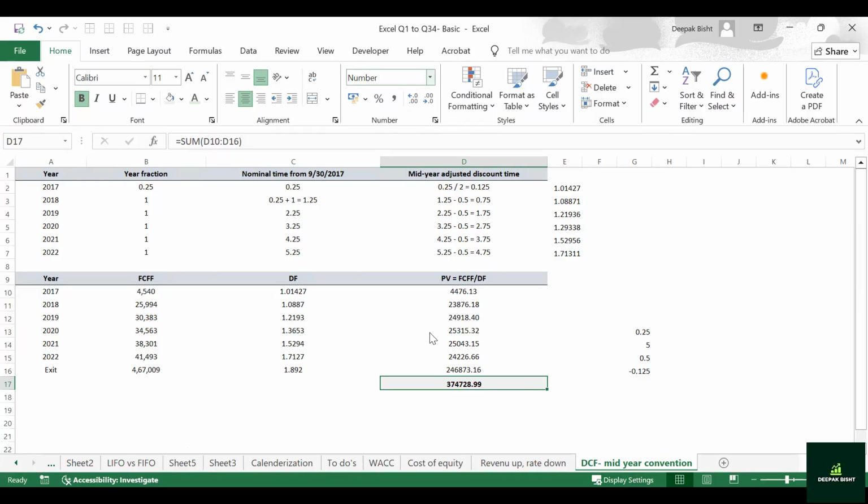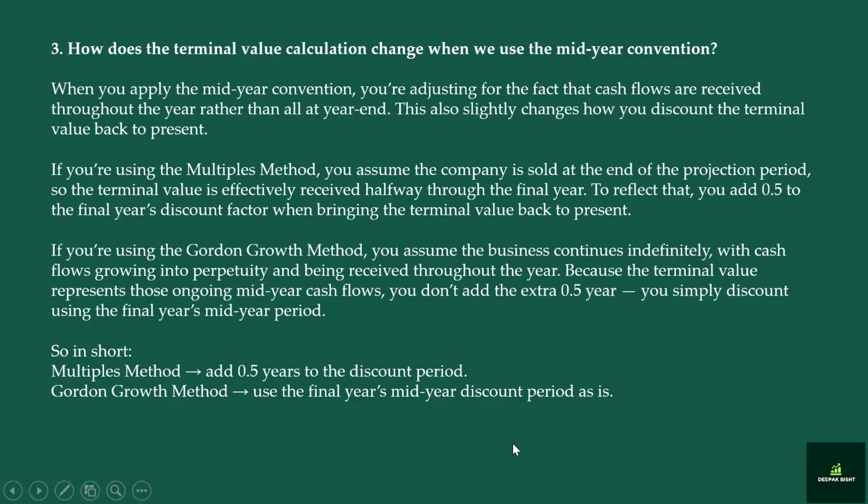Question number 3. Now we will discuss this in more detail. How does terminal value calculation change when we use mid-year convention? And other questions, when we will be discussing a DCF in detail. So just understand that when you're applying a mid-year convention in a DCF, you are recognizing that the free cash flows are generated evenly throughout the year rather than entirely at the year end.